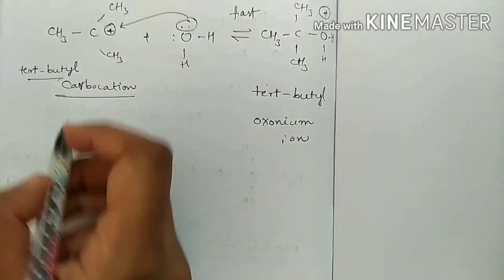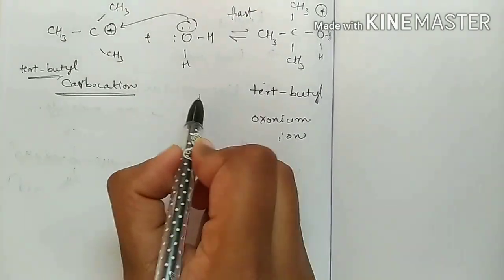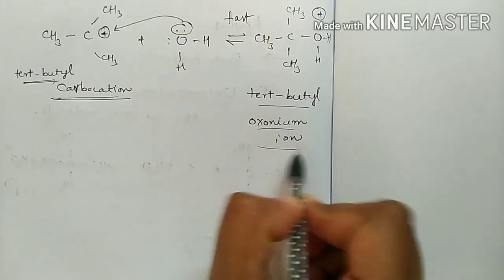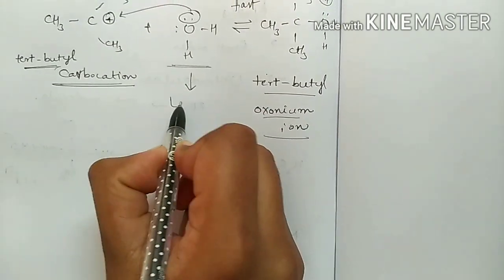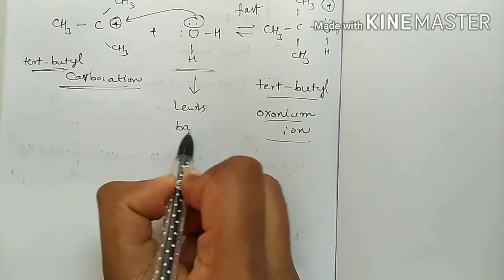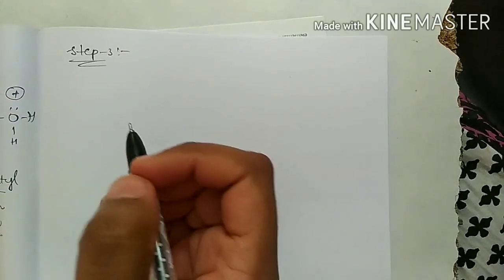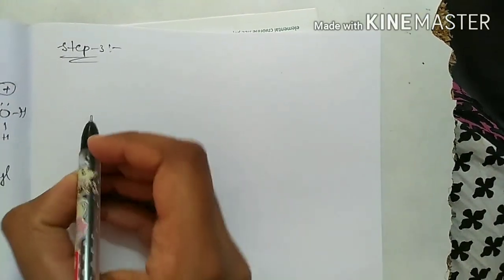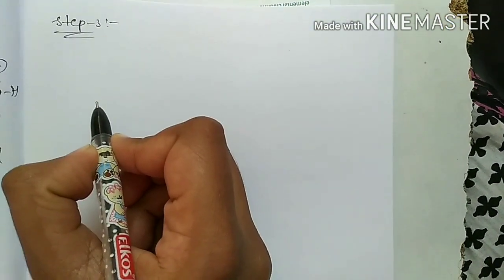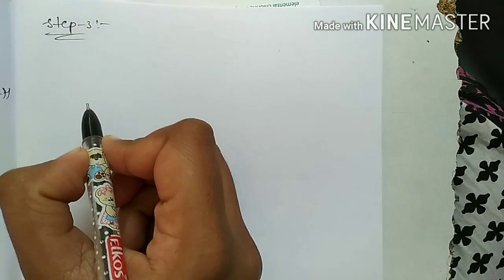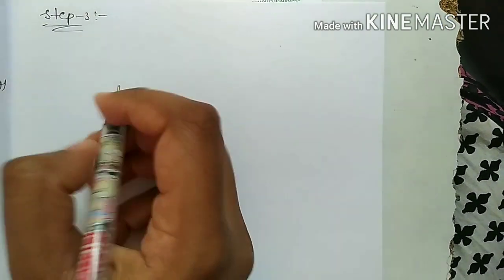So in the second step, the tertiary butyl carbocation converts into tertiary butyl oxonium ion in the presence of water. Here water acts as a Lewis base by donating an electron pair. And in the third step, that is the last step, a water molecule accepts a proton from the tertiary butyl oxonium ion to produce tertiary butyl alcohol.